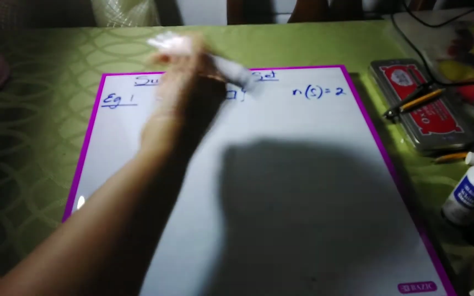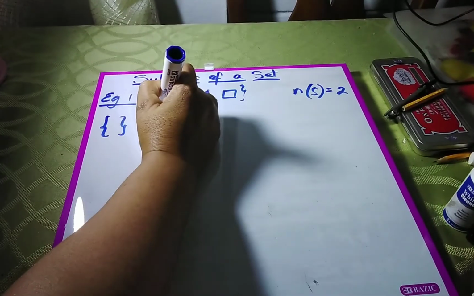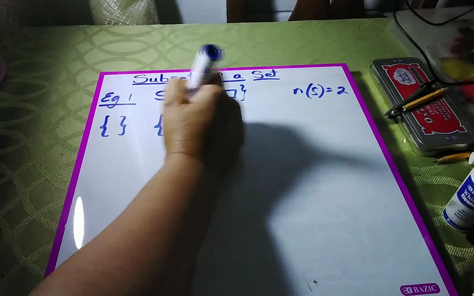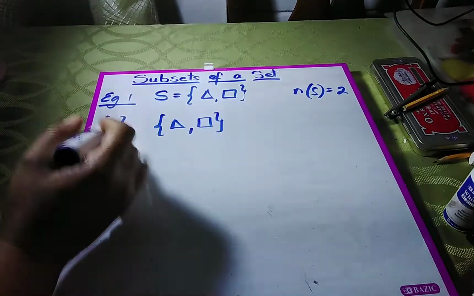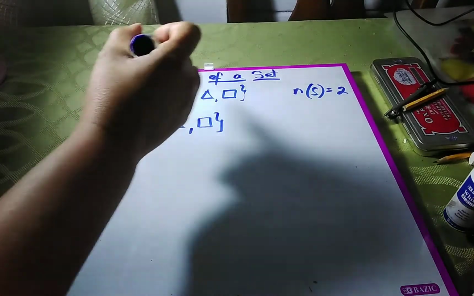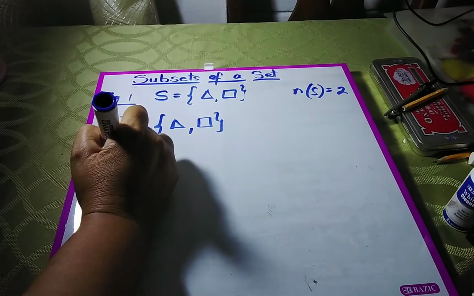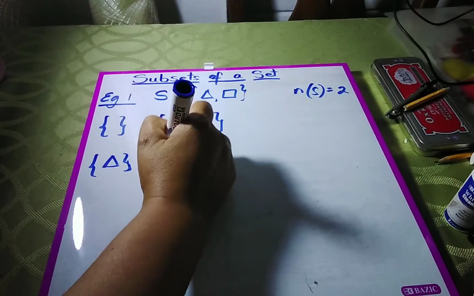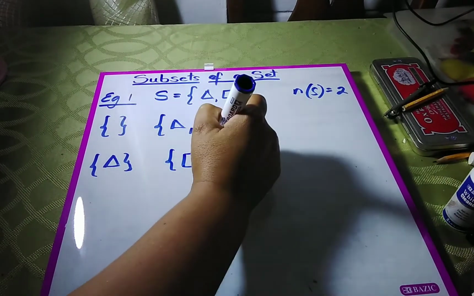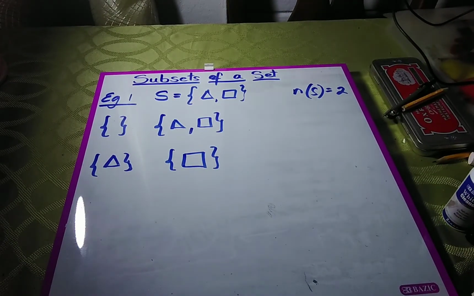Right away, to list the subsets, one of them is the null set, and another is the triangle and the square, the set itself. And then we have the triangle by itself and the square by itself. So we have 4 subsets of that set.